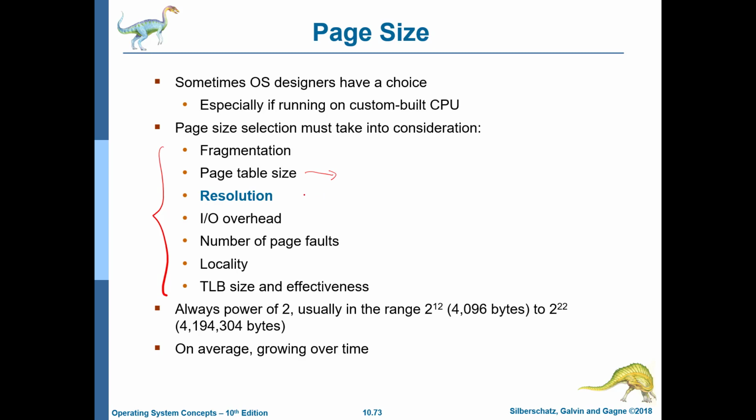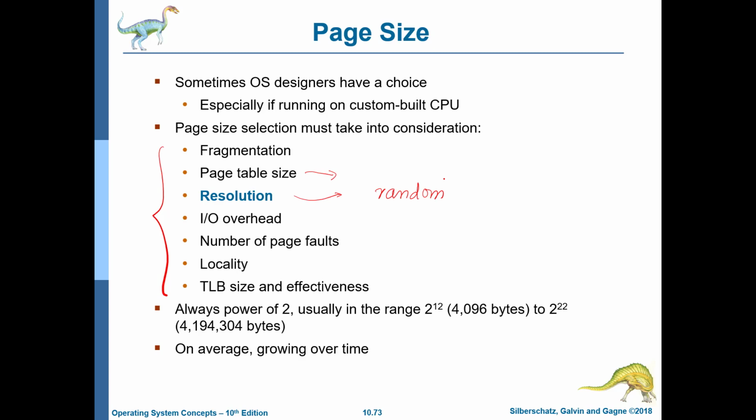And furthermore, when you look at resolution, you'll also have to take a look at the access pattern. If the access pattern is truly random, in the sense we are just accessing bytes at random, this set of bytes over here, those set of bytes over there, then there's no point in having a large page size. We should instead have small page sizes.